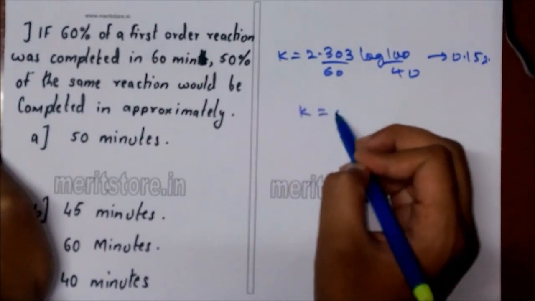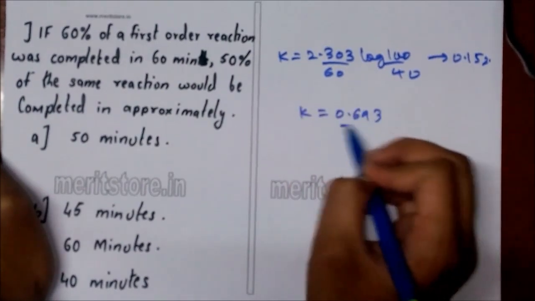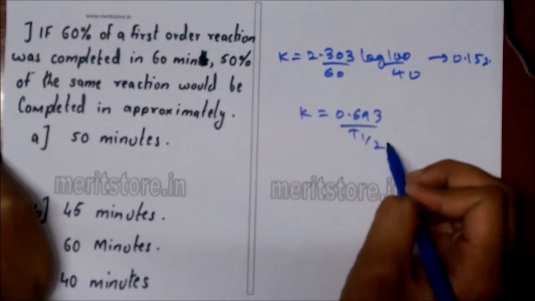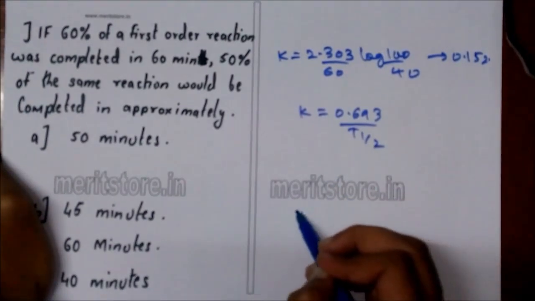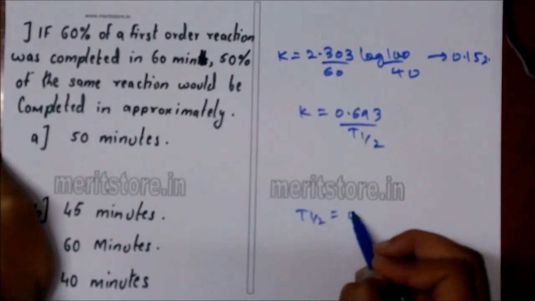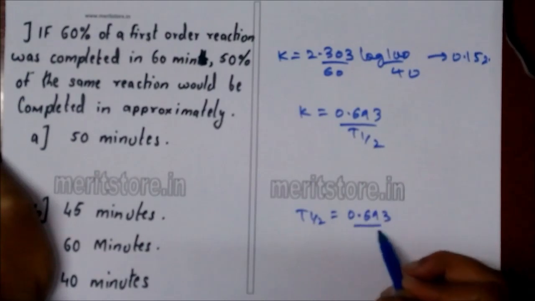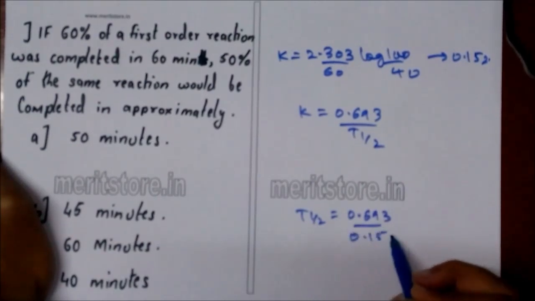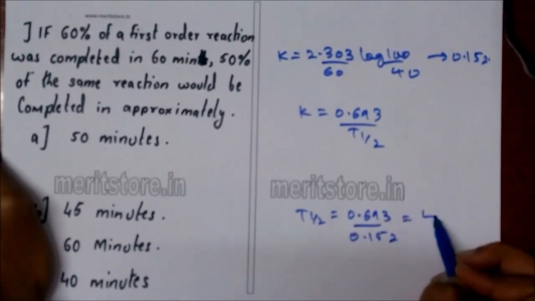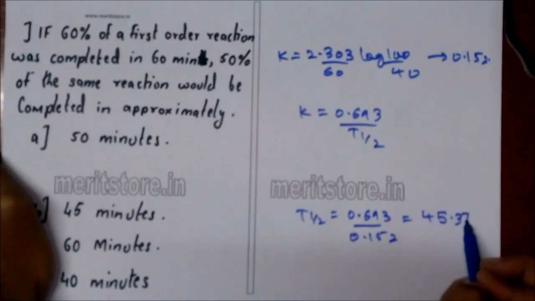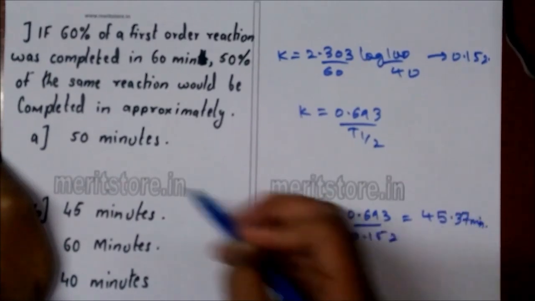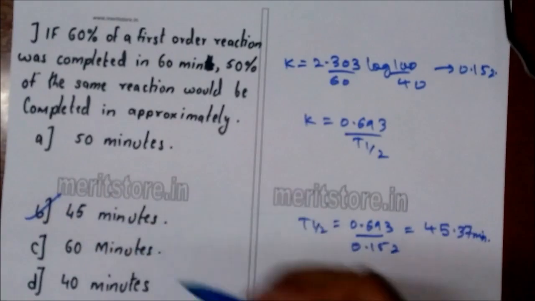So K will be 0.693 upon T half, that is for 50%. T half is equal to 0.693 upon 0.152, which is our rate constant. On solving this, we get 45.37 minutes. So option B is the correct answer.